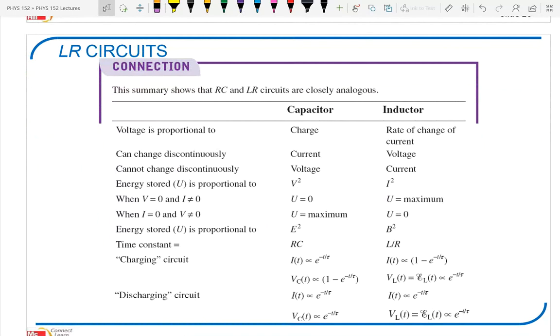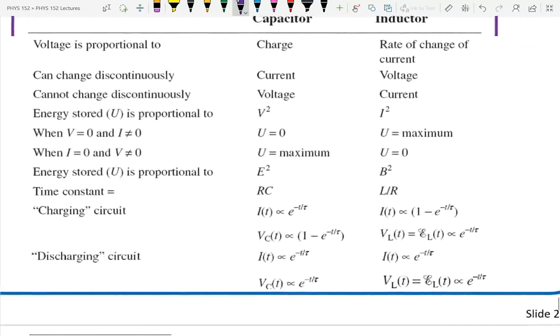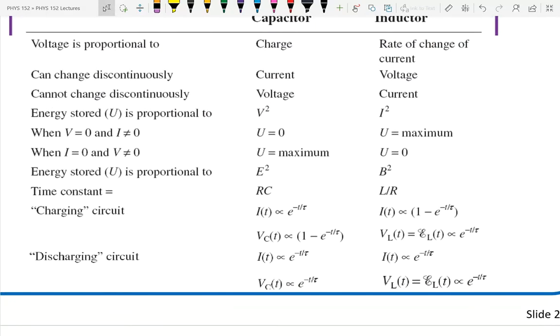Now the comparison, because this is really a crux of the work today: the comparison between capacitors and inductors. The voltage for a capacitor is proportional to how much charge you have on the capacitor. In the inductor, it's proportional to the rate at which the current is flowing.